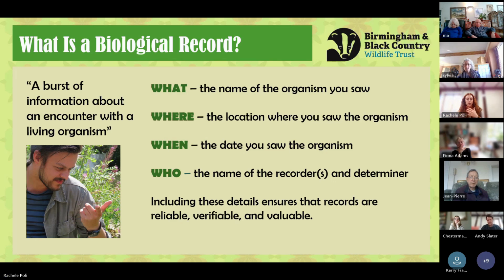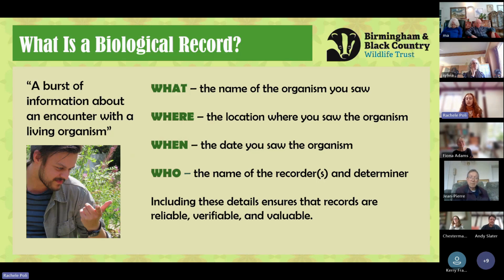So when you're identifying an organism, it doesn't have to be super specific. It doesn't have to be all the way to species level. You can still identify things to levels like genus or even family, as that is still useful, and someone else might be able to help you identify things further, as long as you include evidence like photos. Location, you can have descriptions and addresses, and grid references are very helpful.